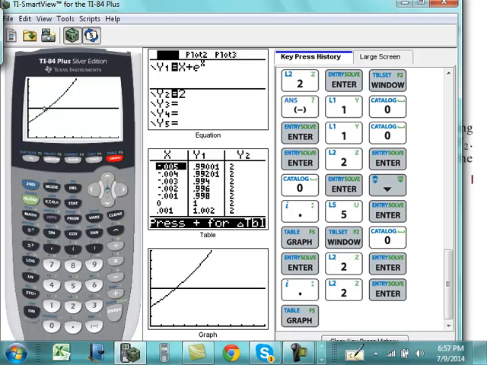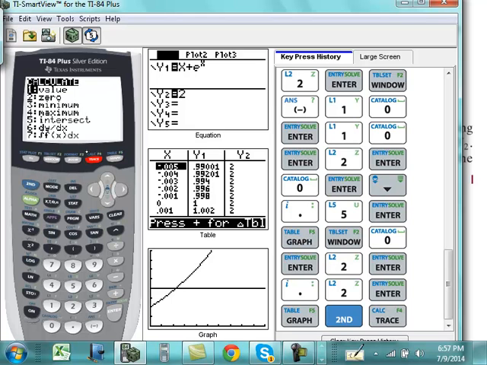And what we could do to find that intersection point is, you see along the top row of buttons up here, you see this button right here? You see the letter CALC. It's for calculating, but you have to hit the second button to get into it. So hit second and hit that button. And go down to option 5.